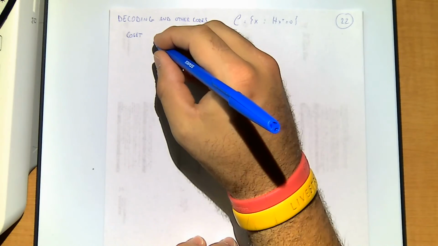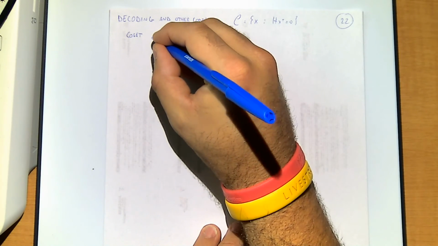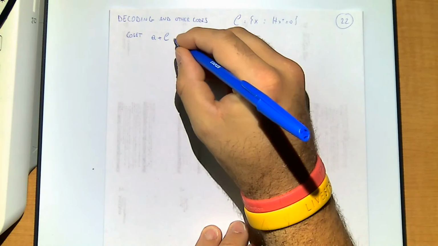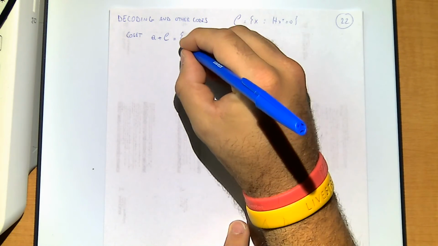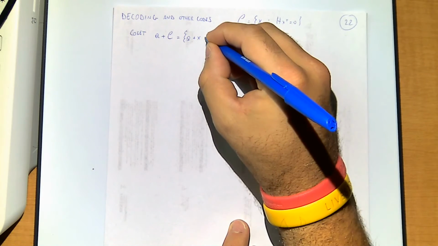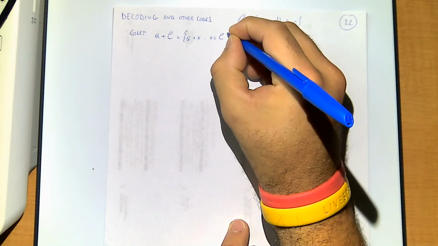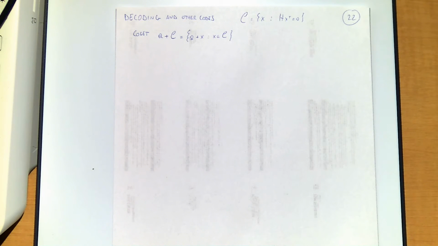Then a coset, which we can call, for example, A plus the code, is the set of all the vectors of the form A plus x, where x is in the code. Okay? So you see I'm just shifting every code word by adding A to it.